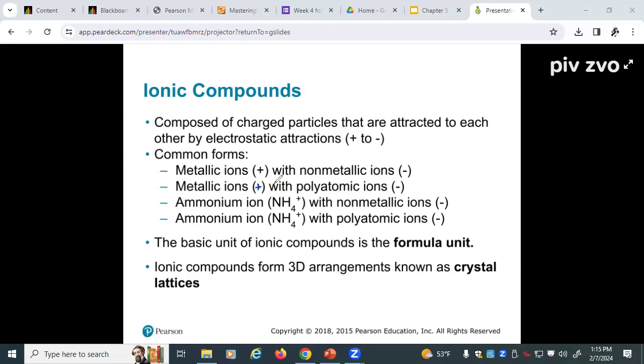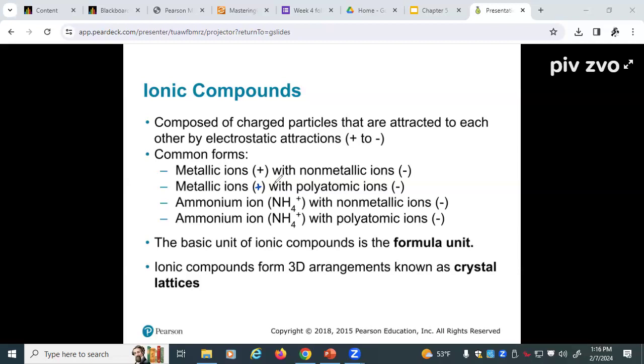So what we do instead is we focus with ionic compounds on something called a formula unit. A formula unit is basically just a fancy way of saying the smallest repeating unit inside of that crystal. If I have sodium chloride, for example, I've got a bunch of sodium ions and a bunch of chloride ions all alternating throughout this crystal in 3 dimensions.